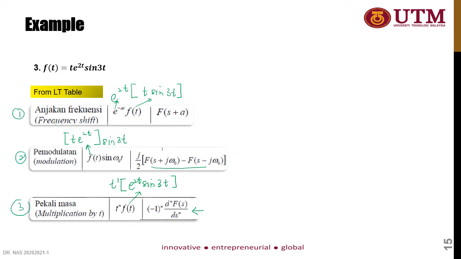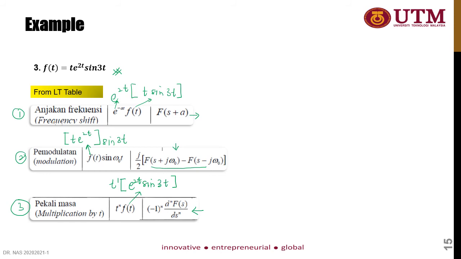Now you need to choose which one you want to use in order to solve this function. Look at the S domain equation. Which one is simpler? This one looks quite straightforward because in the bracket all S will be added by A. But this one looks a bit more complicated because it involves the j function.